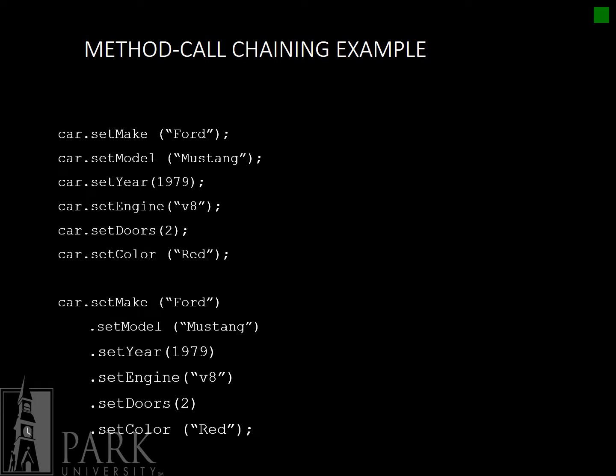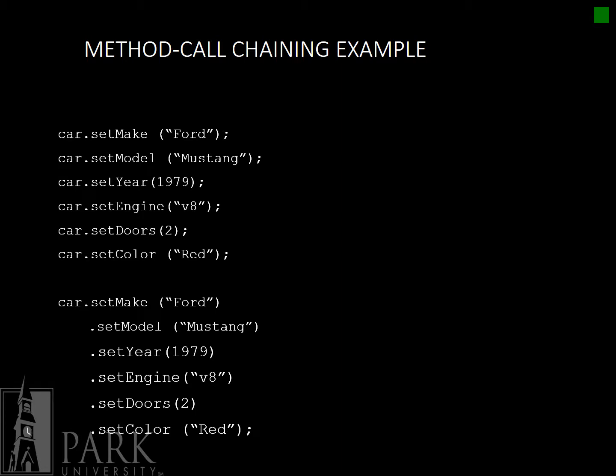Now, remember, the compiler doesn't care about white space. So all of this right here is purely for you and me to be able to see that, hey, we're initializing this car. We've got all these attributes and we're setting them, and it makes it really easy to see this way. And also remember that method call chaining only works on methods that don't need to return another value.